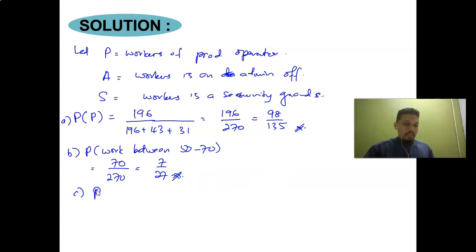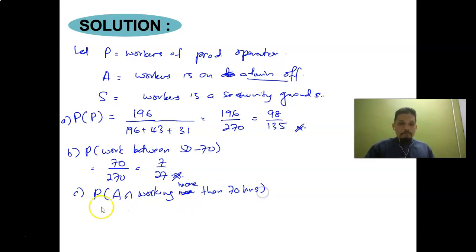Then C, the probability that a worker is an admin officer intersect with working more than 70 hours.